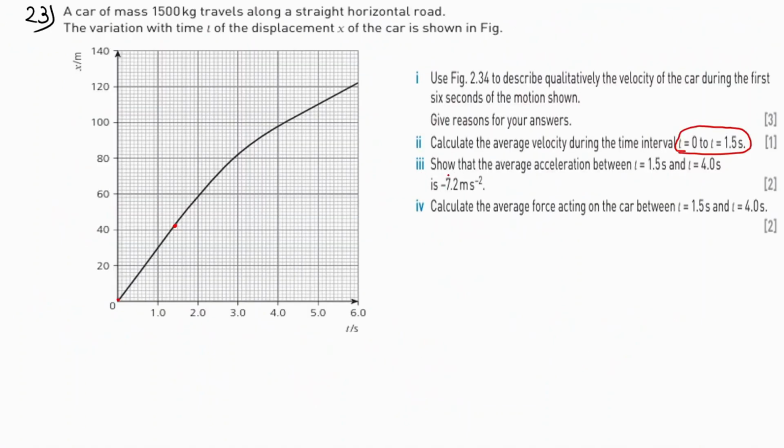Question number three says: show that the average acceleration between 1.5 seconds and 4 seconds is minus 7.2 meters per second squared. Here we need to find the acceleration. But first, this is a graph of displacement versus time, so we first need to find the velocities, and then use them to find the average acceleration.